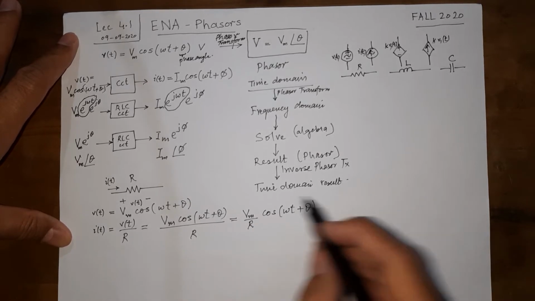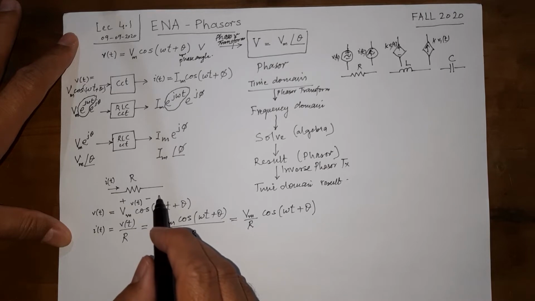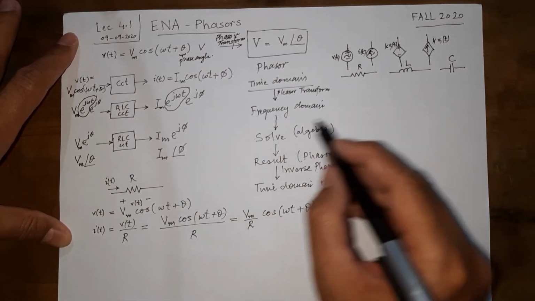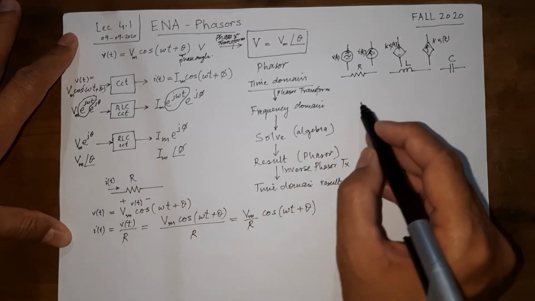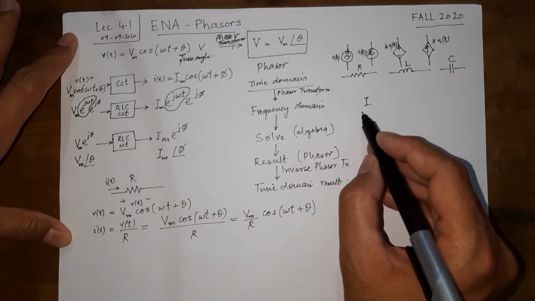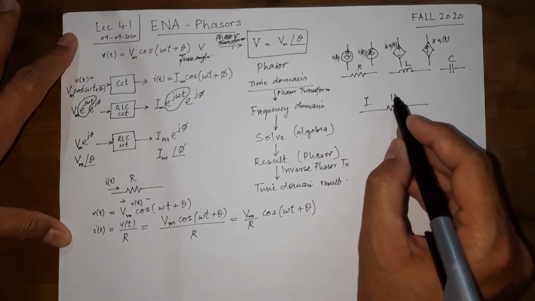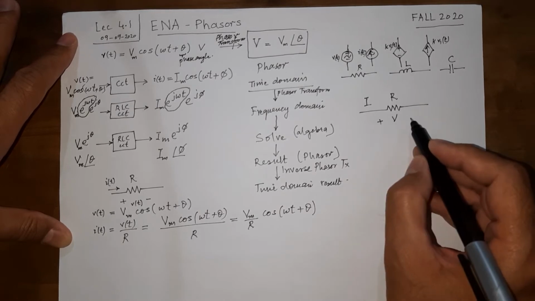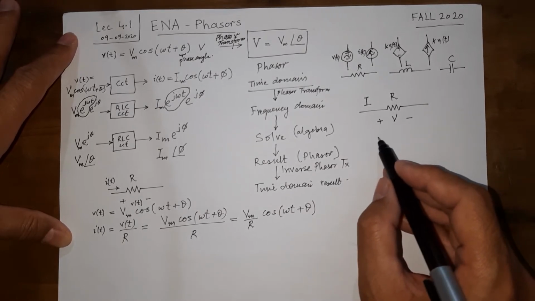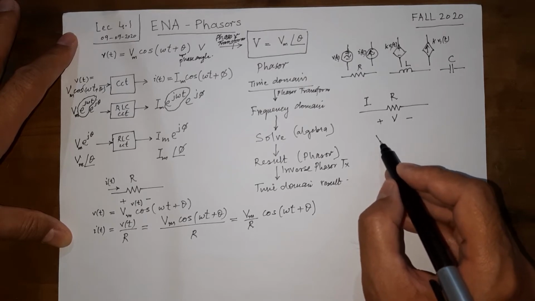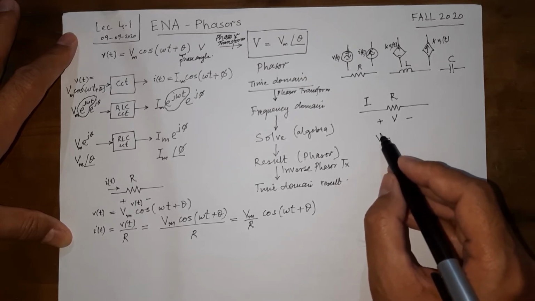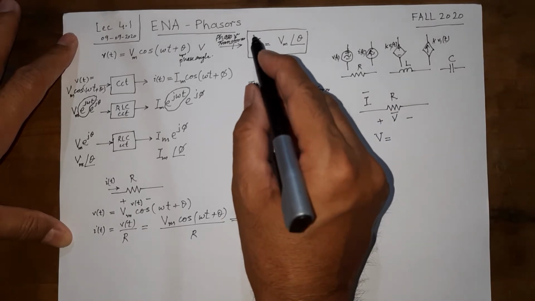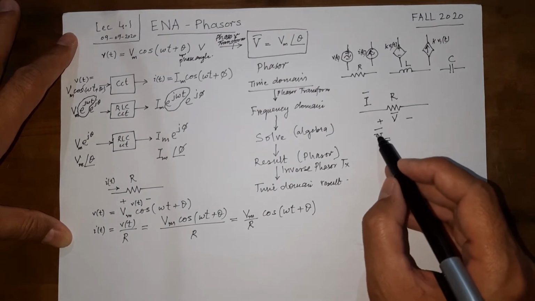However, suppose this circuit is to be transformed into the frequency domain. Then i(t) becomes capital I, the R remains R, and v(t) becomes capital V. In this phasor domain, the frequency domain, let us put a bar over the V to signify that these are phasor quantities.